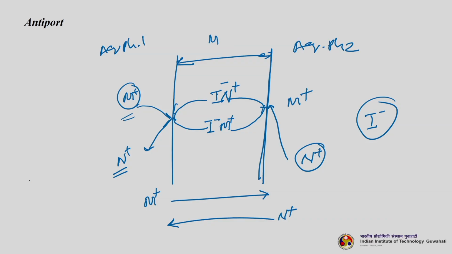So two molecules are transported in opposite directions, and you are using one anionic carrier. That is very important if we are talking about transport of cations. A single anionic carrier is binding to both cations, and this is how antiport transport happens.